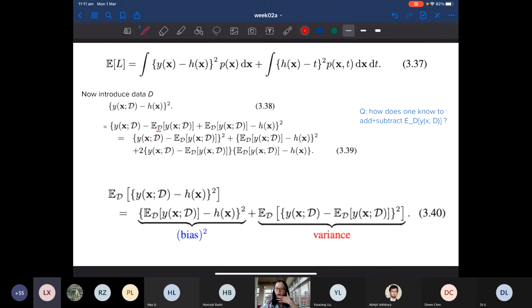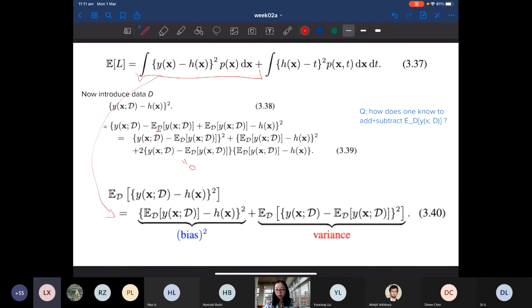So in 3.3a and 3.9, the expectation is taken over data subset D. The cross term disappears because the first term goes to 0. Now, this term over different data subsets D translates into the sum of two squares again.